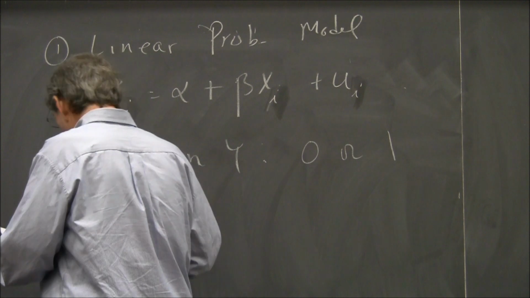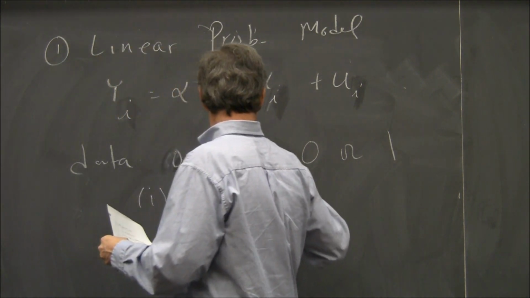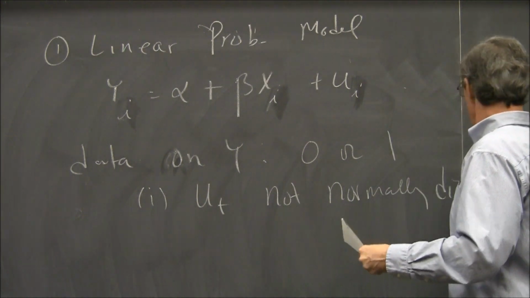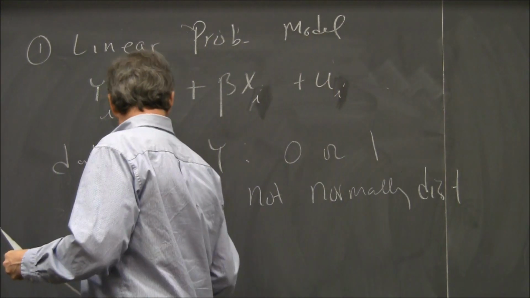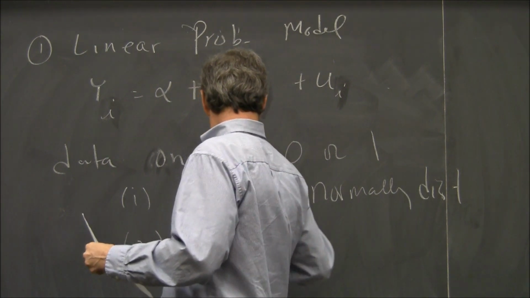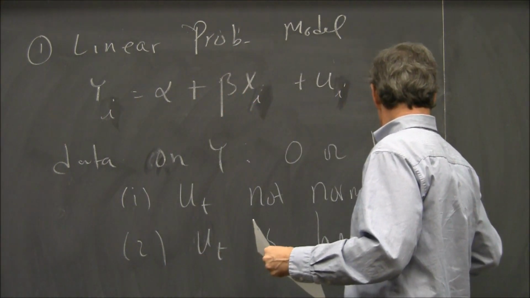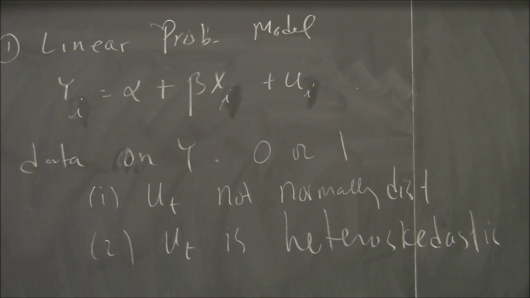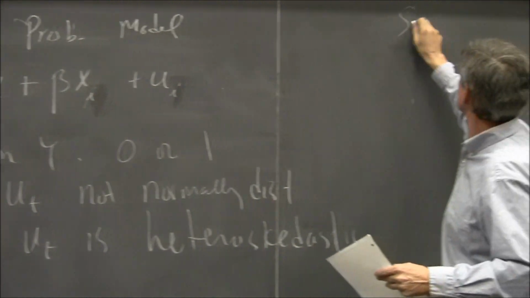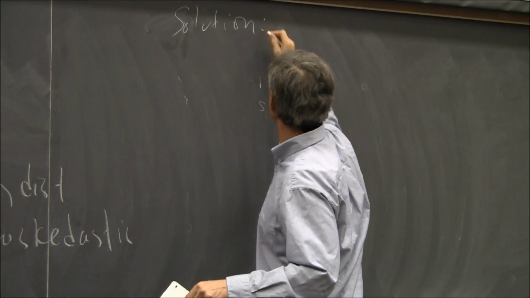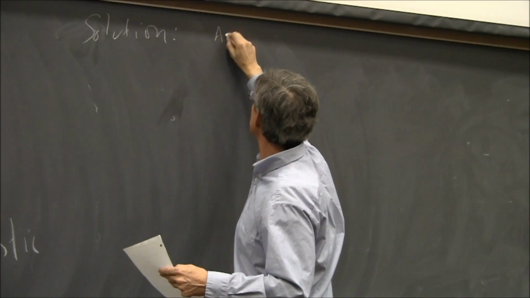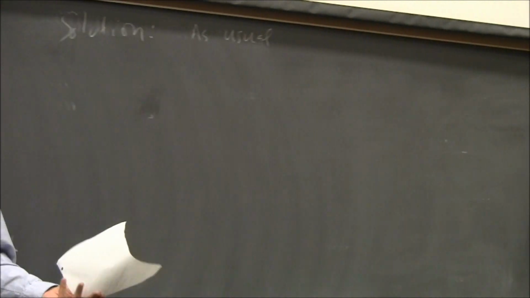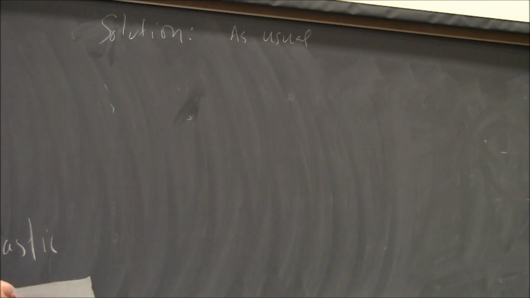Then we showed there's 2 problems with this model. 1, the u_t is not normally distributed. And 2, that u_t is heteroscedastic. And the solution to the heteroscedasticity problem is just as usual. Estimate the variance through some model, divide through by the standard deviation, and go to town.